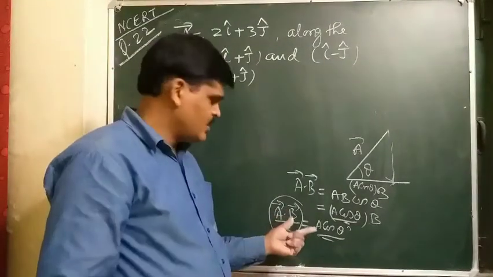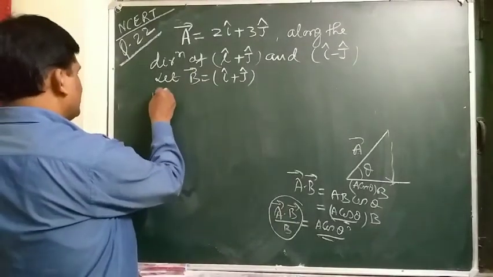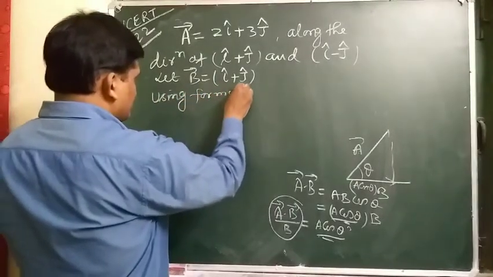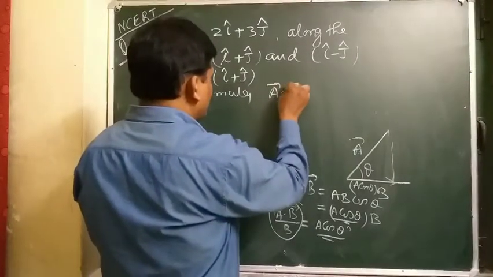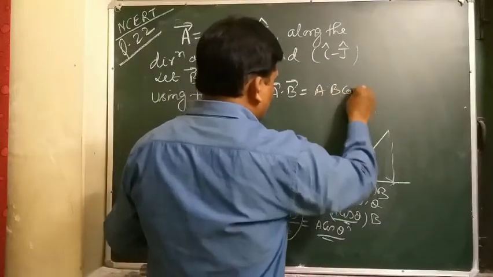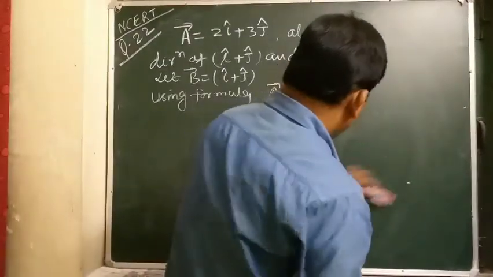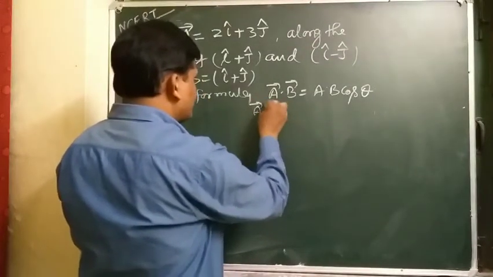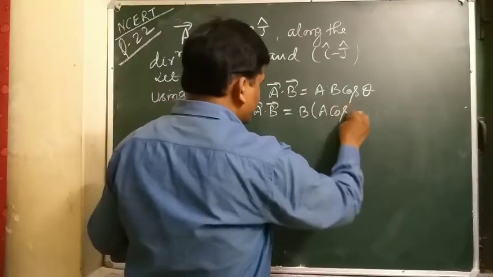We write, using the formula, vector a dot vector b, which is ab cos theta. Student, this formula can be written as vector a dot vector b, which is b into a cos theta.